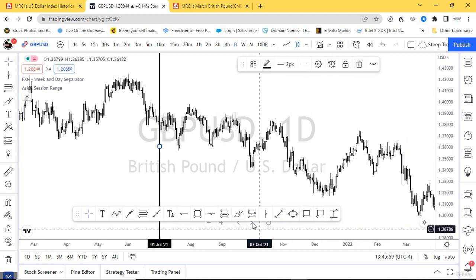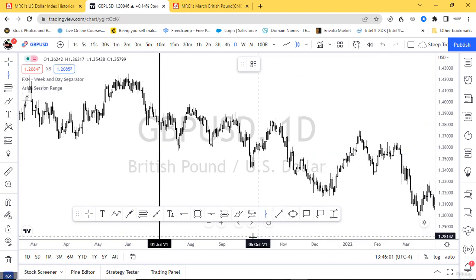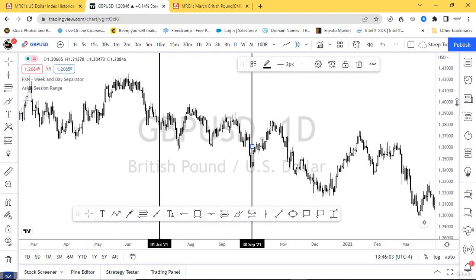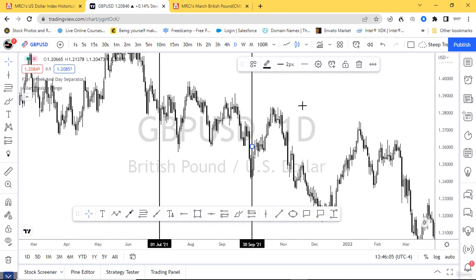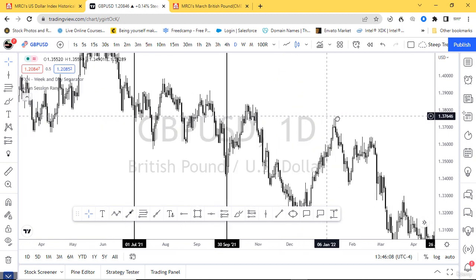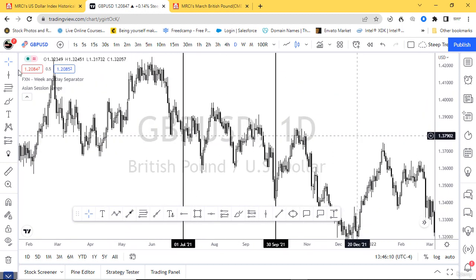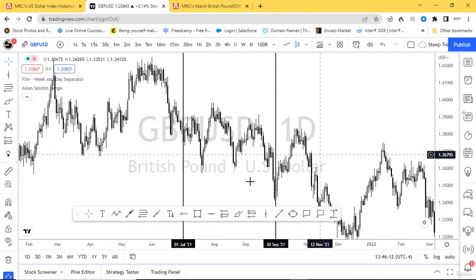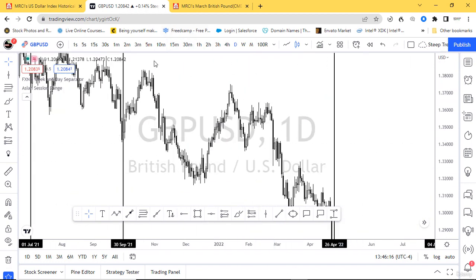July to October. Now overall, you can see, and this is last year's July to October right here. This is last year because we're not here now, right?